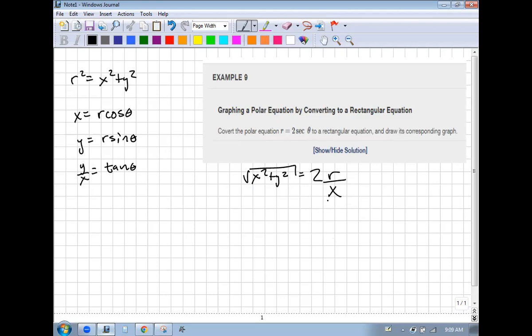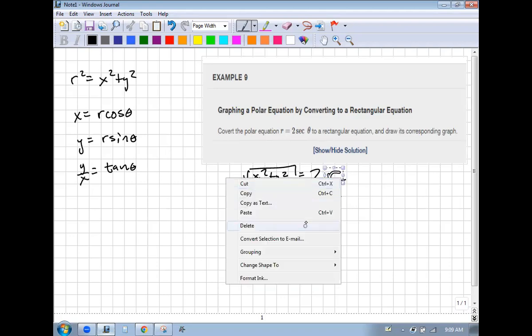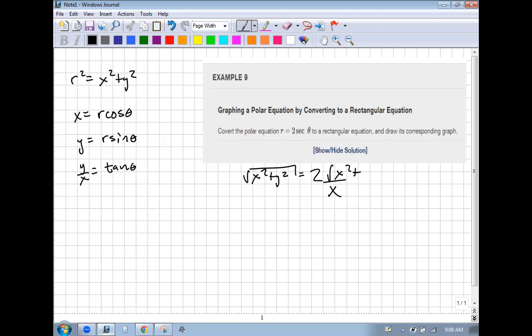Doesn't look right though. But r is the square root of x squared plus y squared, so if you plug in your substitution, you get this equation, right?